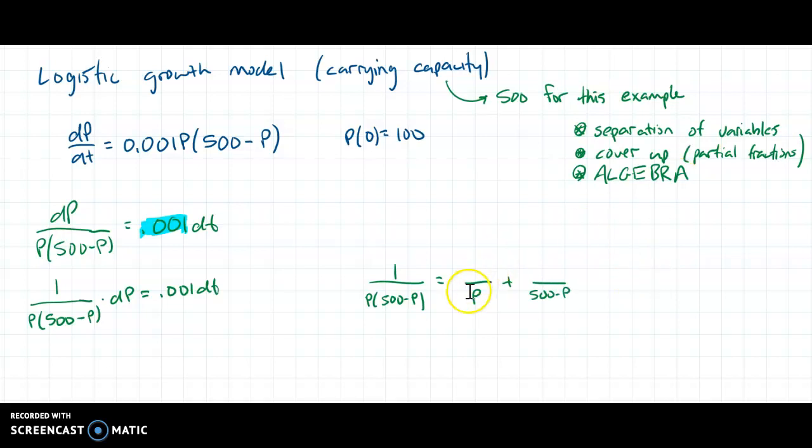So in order to do this, I cover up this. So I imagine that's not there. And then I plug in the value that makes that 0. In this case, it is 0. If I plug in P equals 0, I get 1 over (500 minus 0). So that's 1 over 500. Now I'm going to do cover up to figure out what goes over this thing. Same thing. I cover up this spot because that is this fraction. When I do that, I plug in 500 to the remaining parts of the fraction.